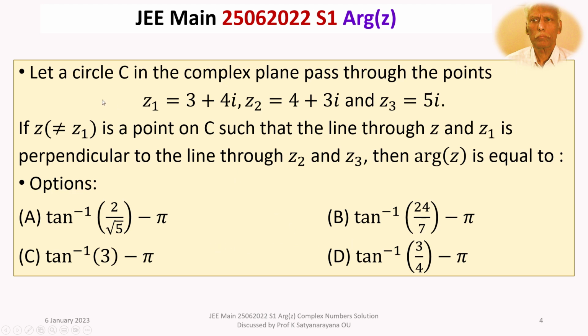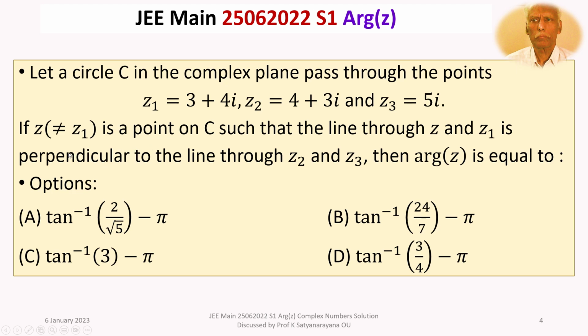We have a circle C in the complex plane that is passing through these 3 points. Z1 is equal to 3 plus 4i, Z2 is equal to 4 plus 3i, Z3 is equal to 5i.